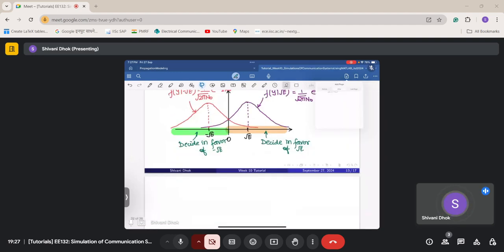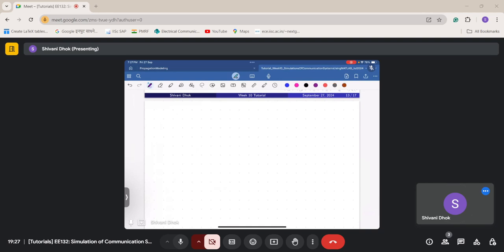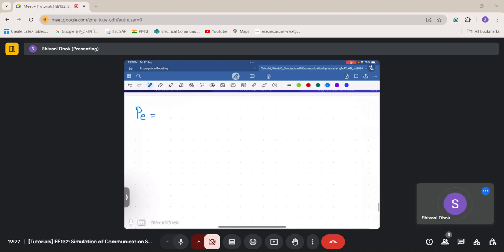So what is the probability of error? Probability of error is the probability that root e gets converted to minus root e given root e was transmitted, into the probability that root e was transmitted, plus the probability that minus root e gets converted to root e given minus root e was transmitted, into the probability of minus root e.